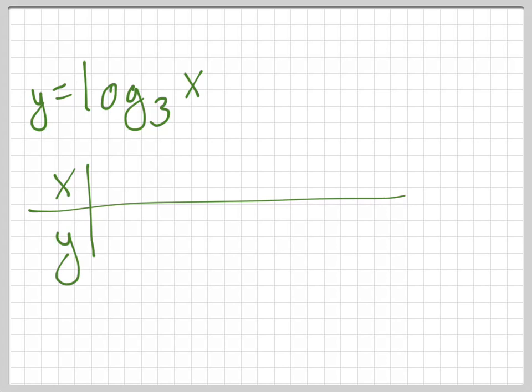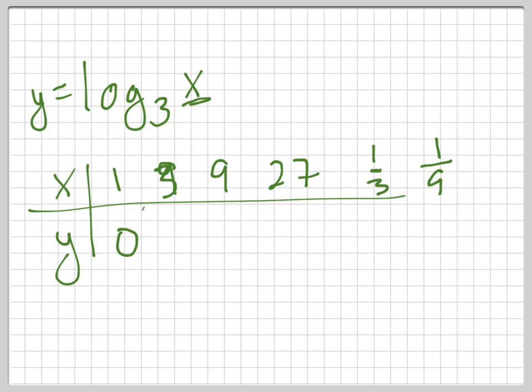So the point, again, that I want to get across is when you see something like log base 3 of x, the easiest way to graph this is to make a t-chart and pick nice numbers to go in for x. Powers of 3: 1, 3, 9, 27, 1/3, 1/9, etc. Because then it's easy to find what the values are of y.